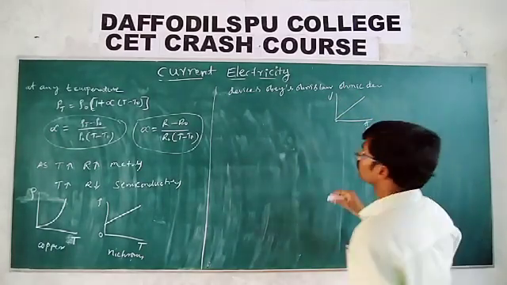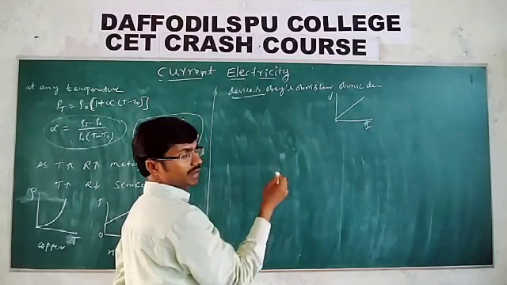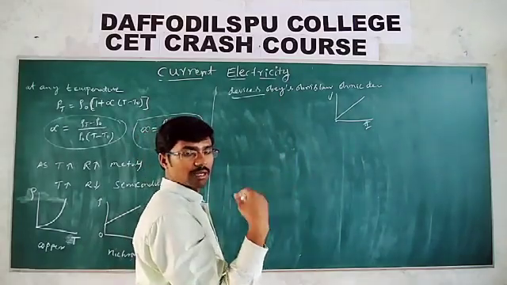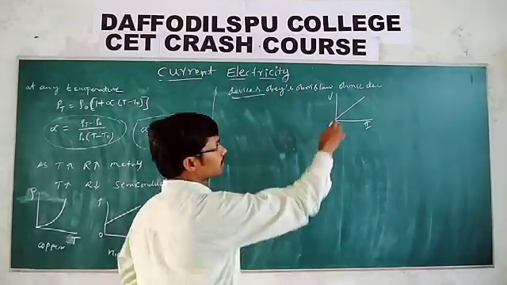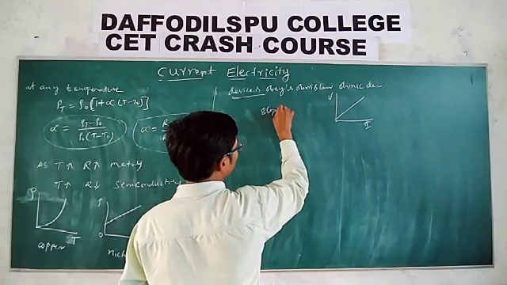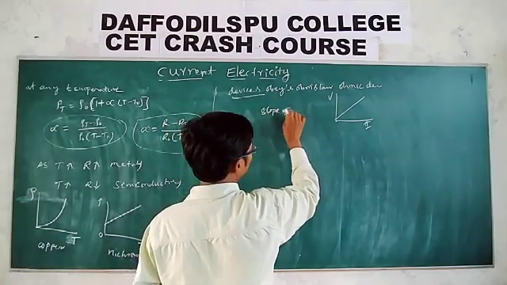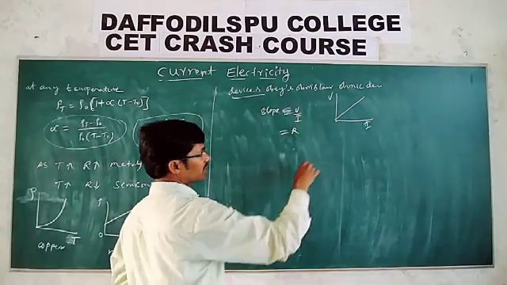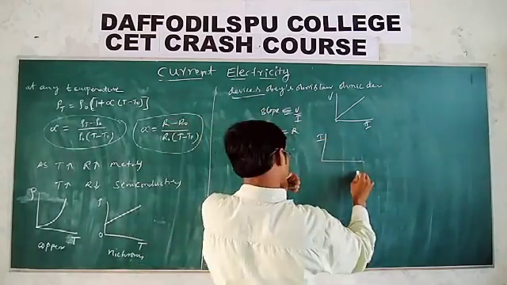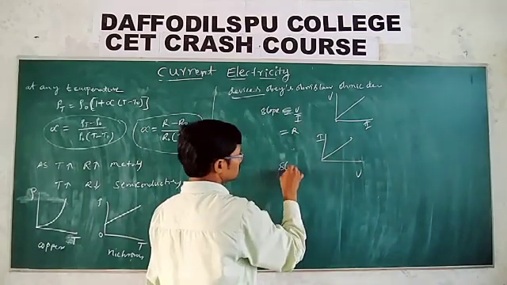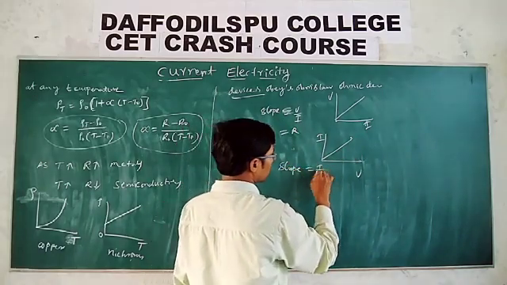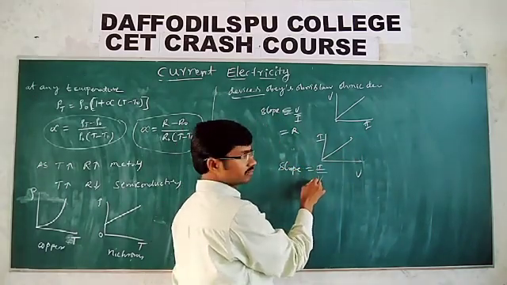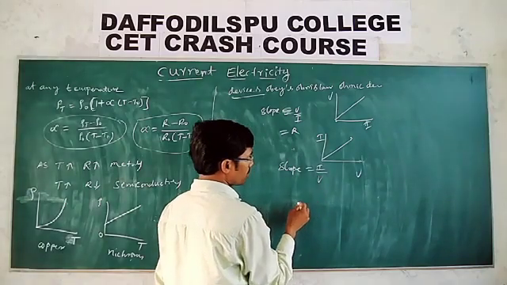For a non-ohmic device, the VI graph is non-linear. Then what is the slope of this graph? Slope is nothing but V by I, which is R. If you take the IV graph, what is the slope here? Slope is equal to I by V, the change in current with the change in potential difference.